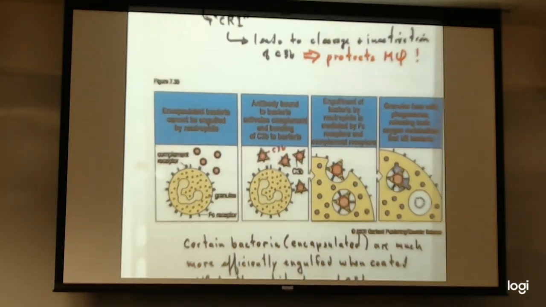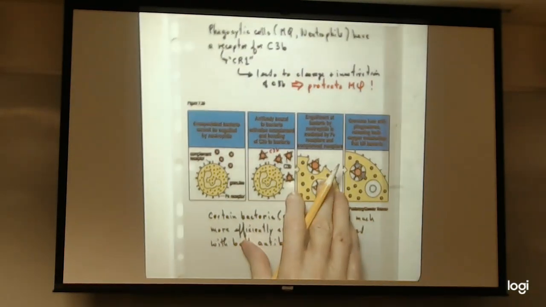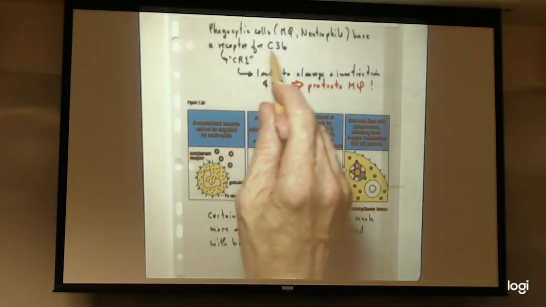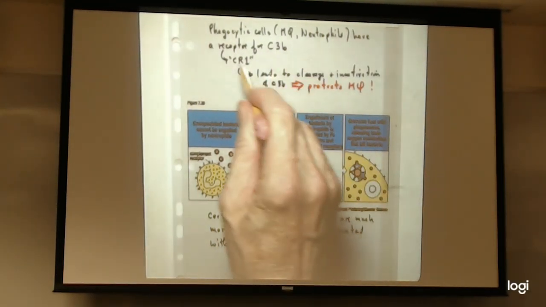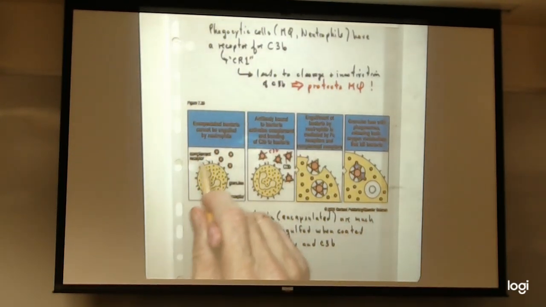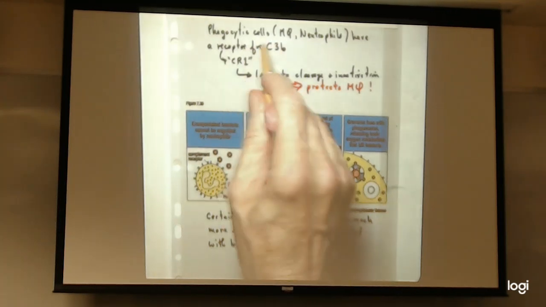And so, as we said before, phagocytic cells, like macrophages, have C3b receptors. It's complement receptor 1, CR1. They have receptors for C3b.